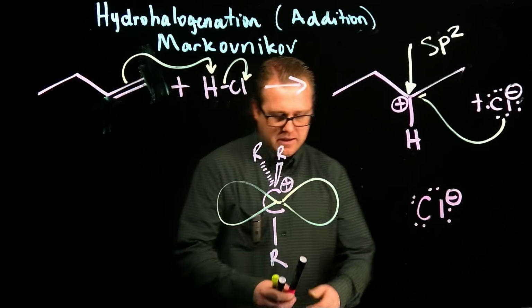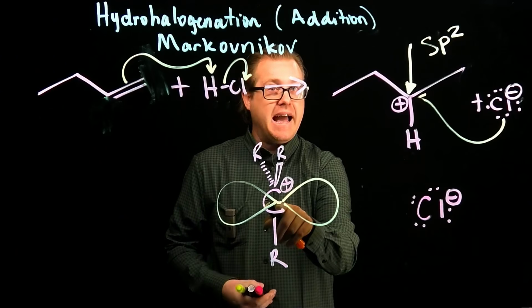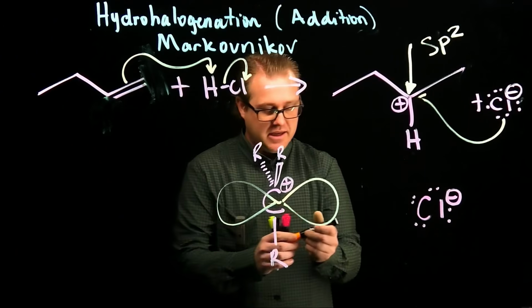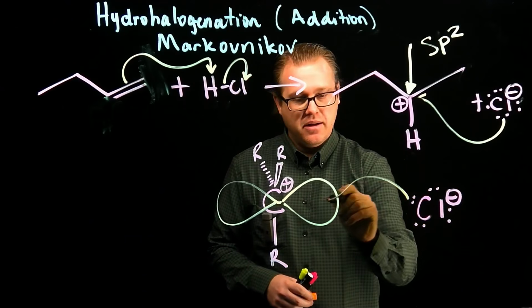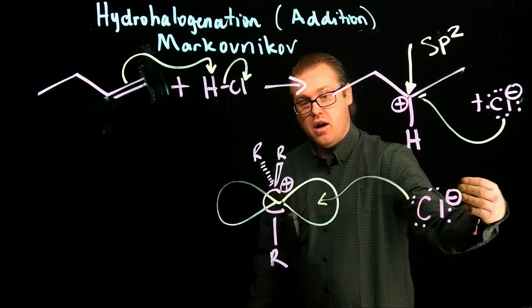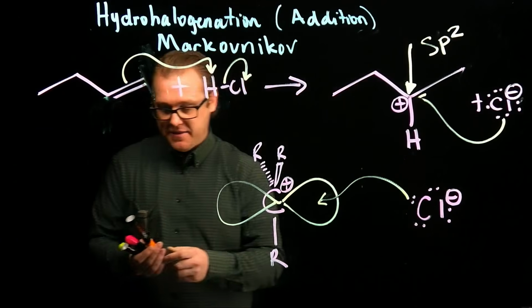They're annoying. Because this carbon right here is flat, sp2 hybridized, the chloride has equal probability of attacking on the right side or from the left side.